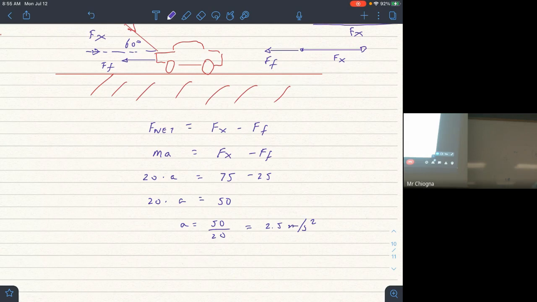Okay. And then obviously it's to the right. The way I drew it, it's to the right.